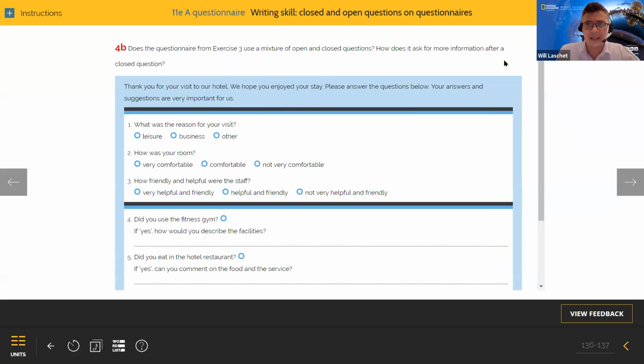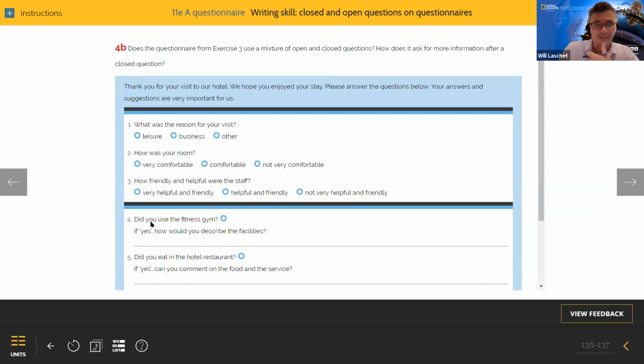Next question. How does it ask for more information after a closed question? I think this is very important in a questionnaire. So we ask a closed question and then we want to get a bit more information, right? So how does it do that? How does the questionnaire, it asks a follow-up question. There we go. And the follow-up question here says, if yes, how would you describe the facilities?